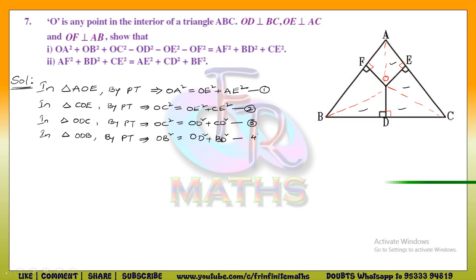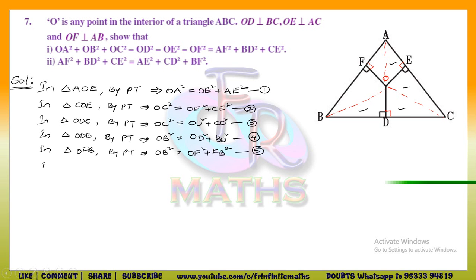Let this be equation number 4. Next moving on to triangle OFB. When I consider triangle OFB, again by Pythagoras theorem, OB square is equal to OF square plus FB square. Let this be equation number 5.